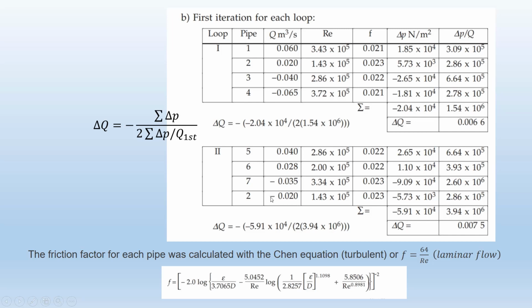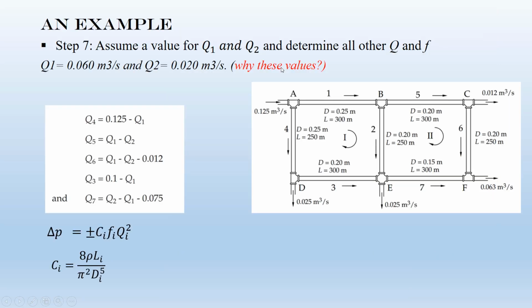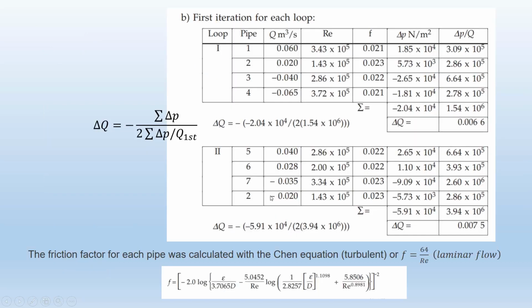Why is it negative? Because the fluid flow in the second loop is in the opposite direction, correct? So I started with 0.02 for Q2 based on this assumption from loop 1. So for the second loop, Q2 is the negative value.